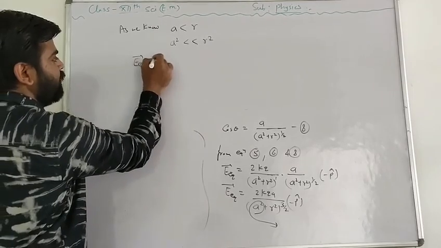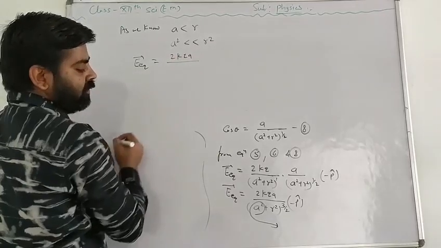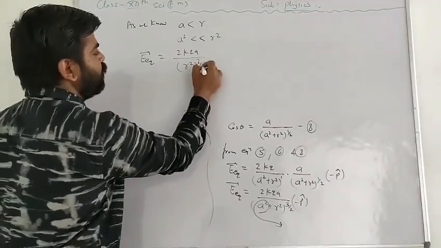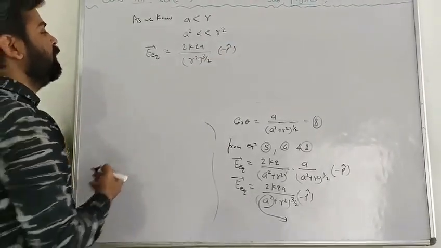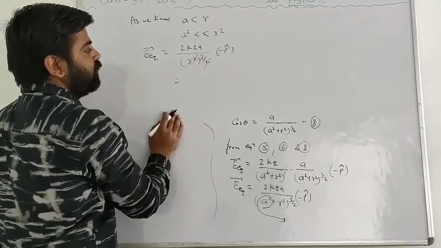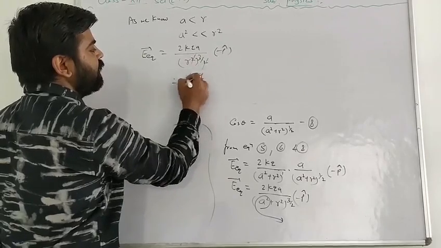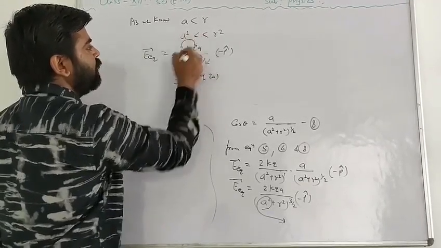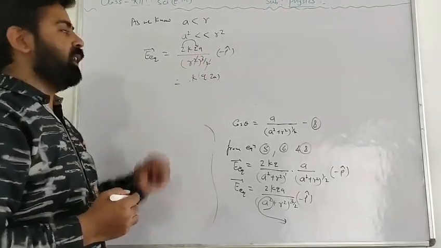E equatorial is equal to 2kqa upon (r square) power 3/2, minus pk. The power will be cancelled out, so we rewrite it as kq multiplied by 2a. 2 is multiplied to a, and we obtain another formula.